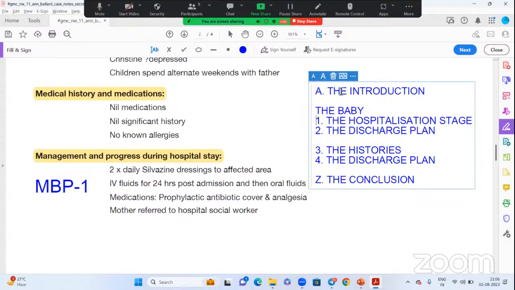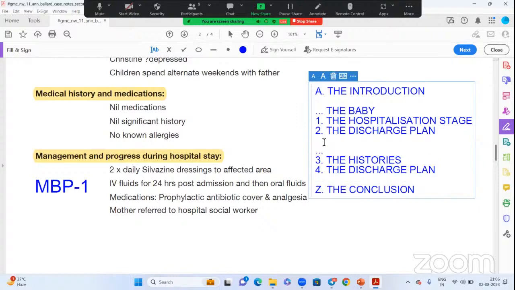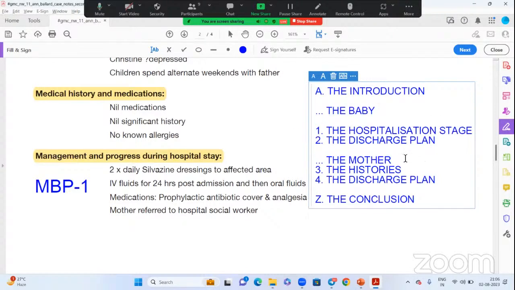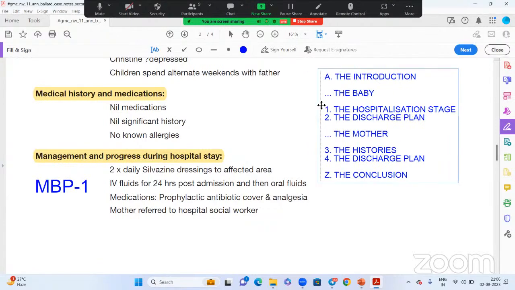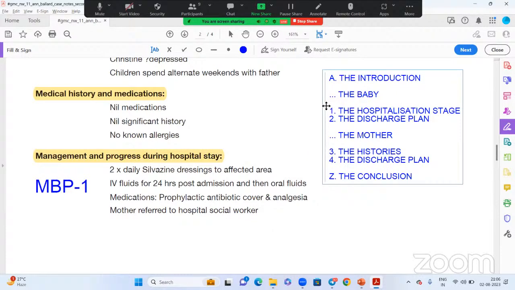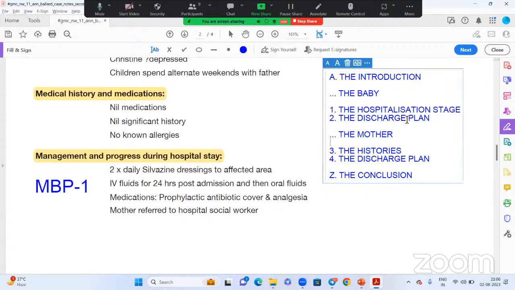That your focus here. And here, the mother. We'll be focusing on the mother. So 2 paragraphs for the baby and 2 paragraphs for the mother. Should understand the organization very clearly.